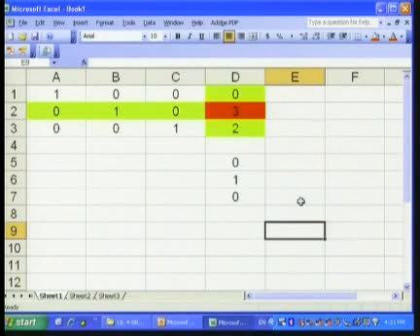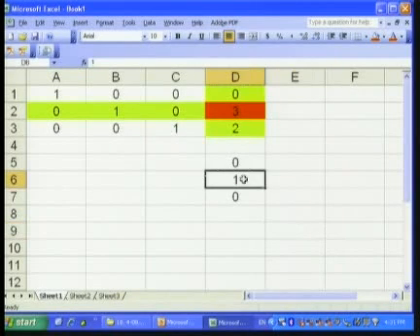So first of all, the pivot row, row number 2, must be divided by 3, right? And then the first row doesn't need any changes, right? Because we already have 0.